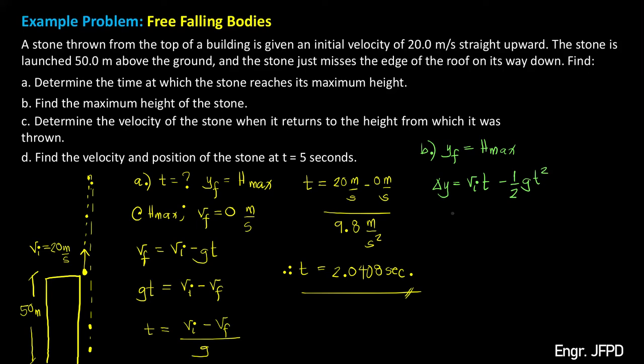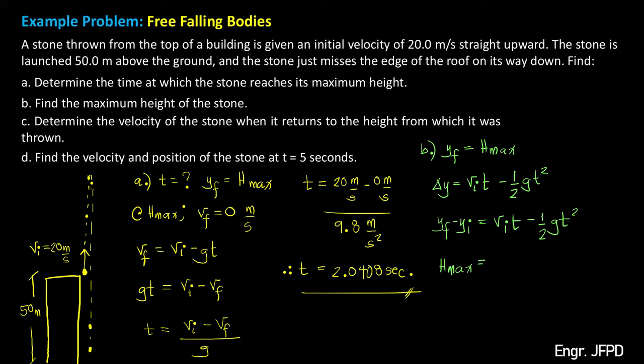We know that delta y is the change in position, which is yf minus yi, is equal to Vi t minus 1 half g t squared. Solving for yf, which is our Hmax, that is our concern, a final position wherein that is the maximum height of the stone.